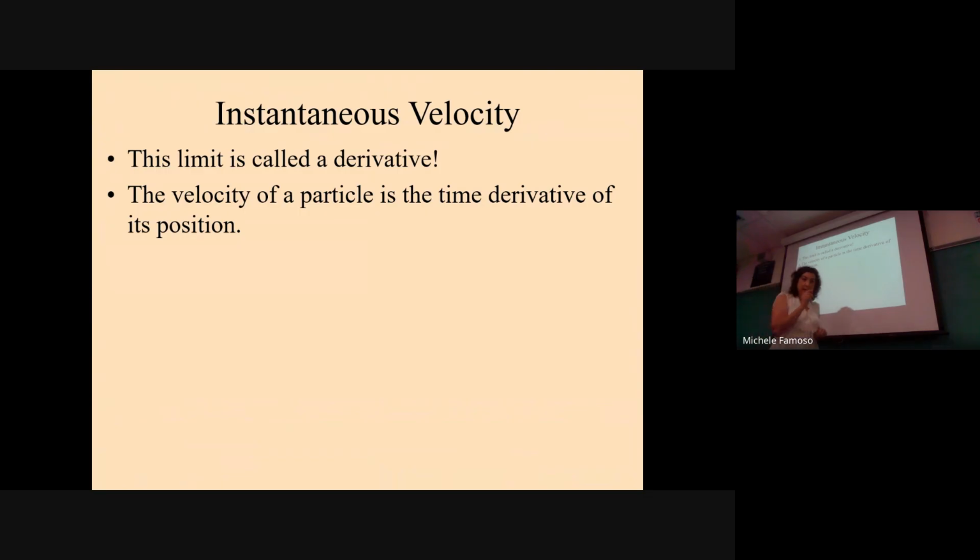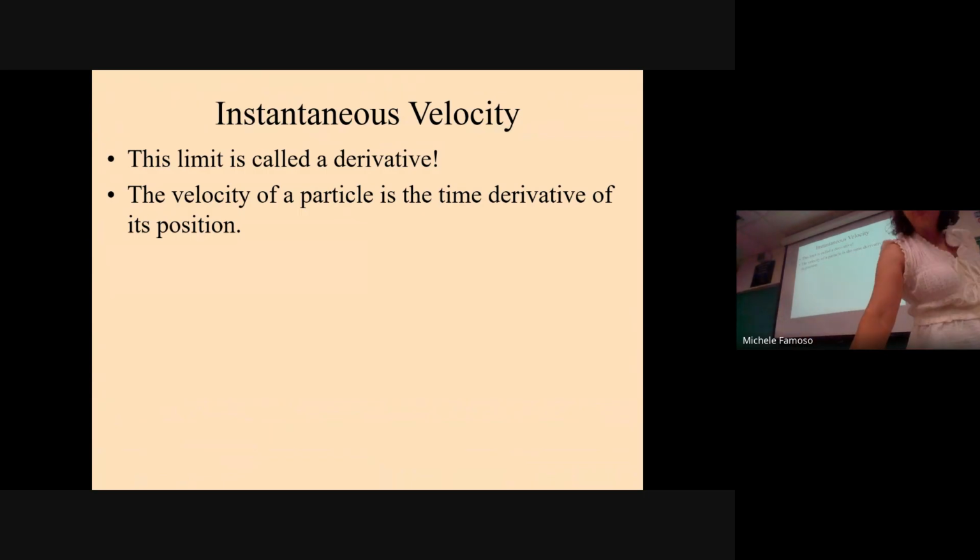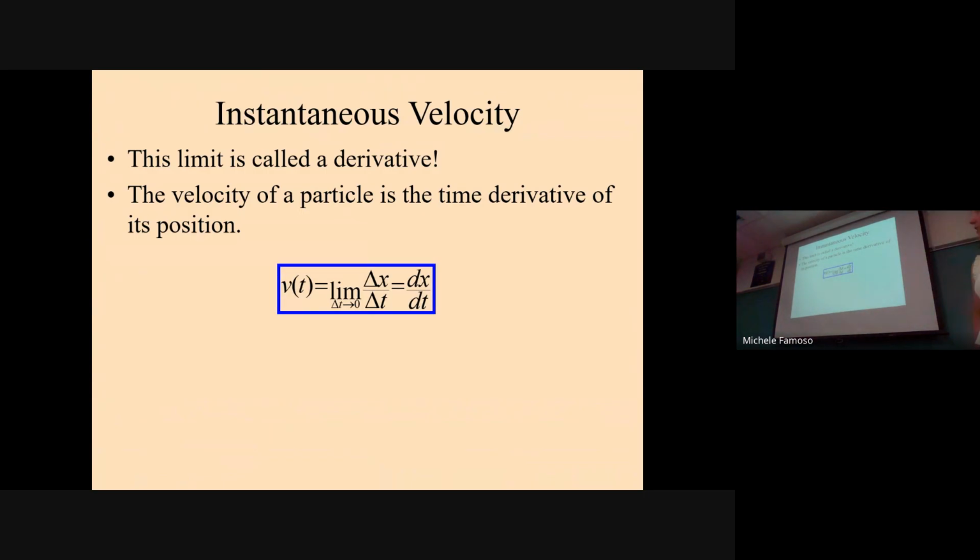So the velocity of a particle is the time derivative of its position. Now this notation looks a little funny. Let me show you how you'll probably see it. So velocity is v. When I write this, I'm talking about my velocity as a function of time. We say that that is the derivative of the position with respect to time.